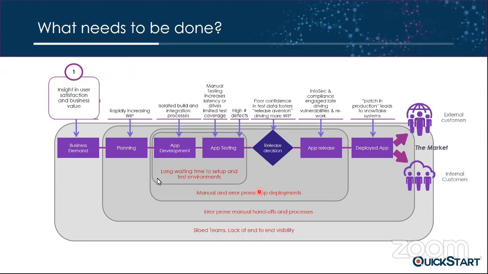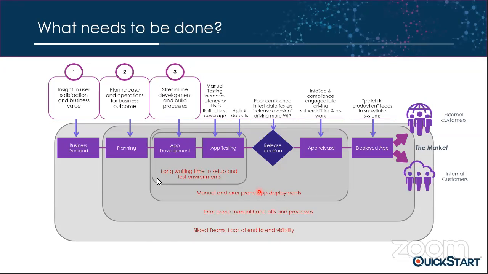For rapidly increasing work in progress, remember that we have a lot of things not closed. So plan release and operation for business outcomes, creating small releases and focusing again on business outcomes rather than technical things. For the isolated build and integration process, it is streamlining development and build processes. For manual testing, it is streamlining and accelerating testing through automation.